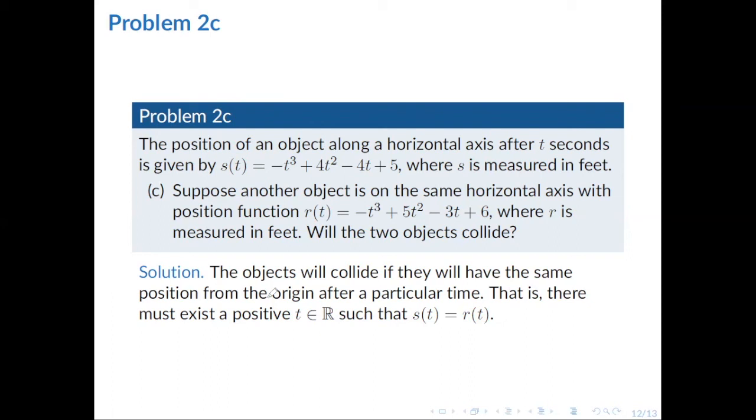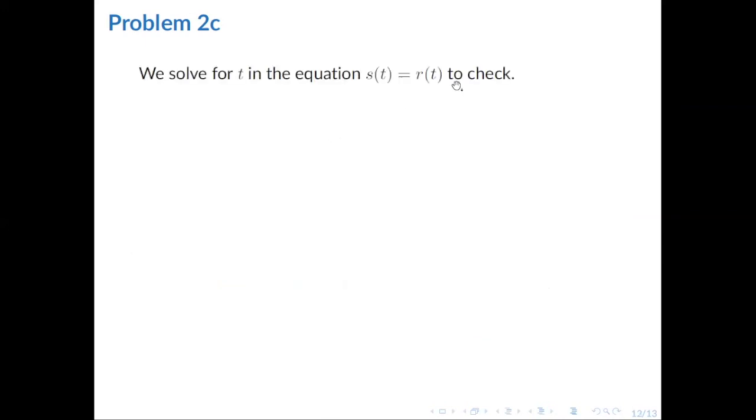That means there must be a positive real number t, taking note that there is no negative time, such that s of t equals r of t. So we solve for t in the equation s of t equals r of t to check whether the two objects collide.